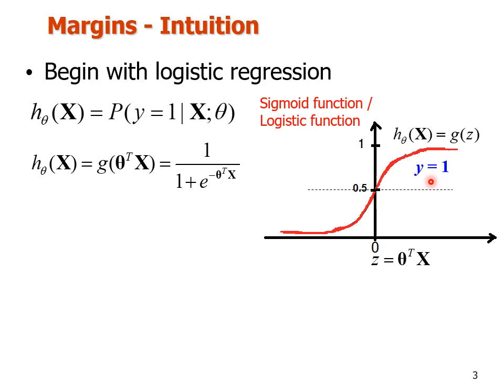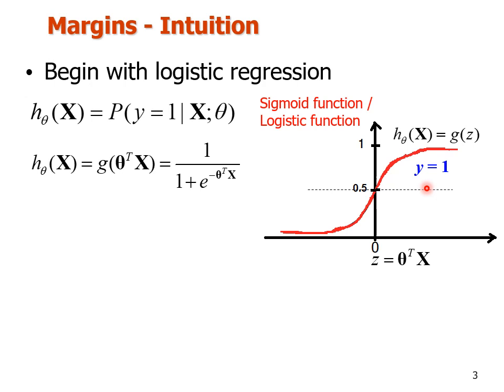The larger theta transpose x value means we are having the larger value for h theta x. That means we are having the higher probability that y is equal to 1 given x. That means if h theta x is high, the degree of confidence that the label is 1 is also high.